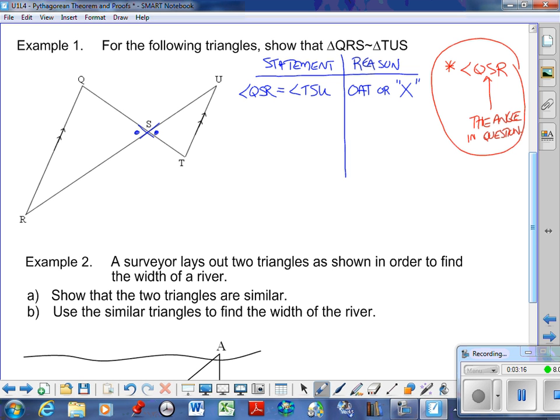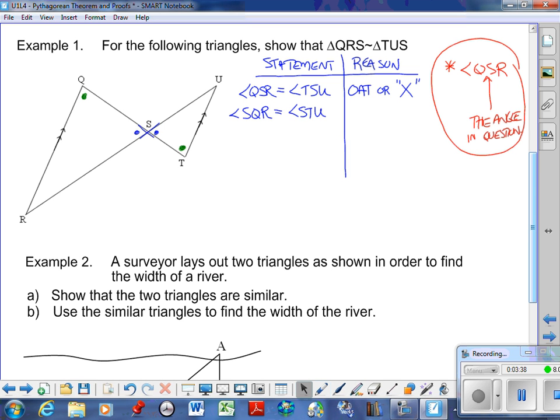Now, angle SQR. I know that angle SQR is going to be equal to angle STU. How do I know that?